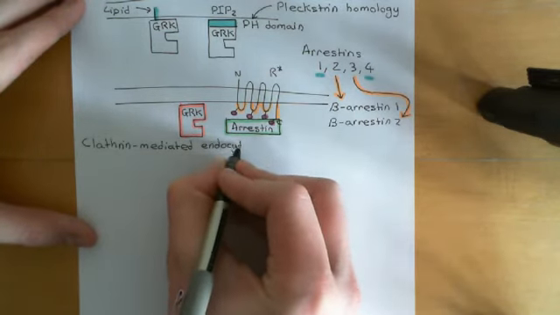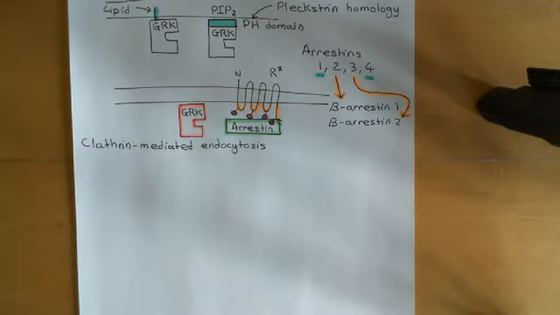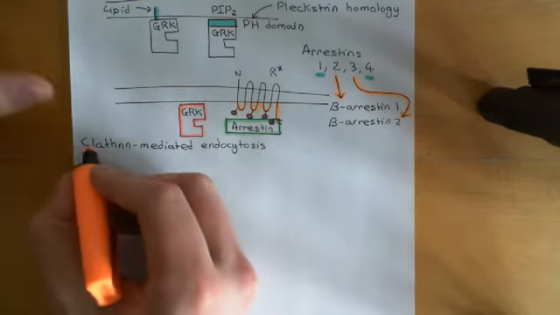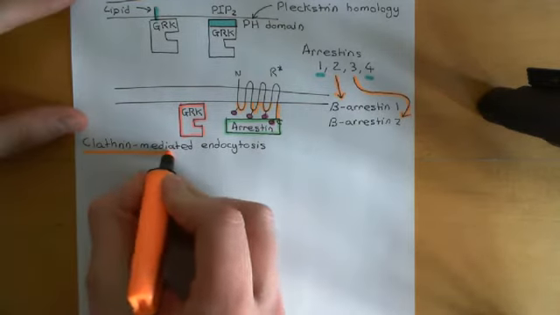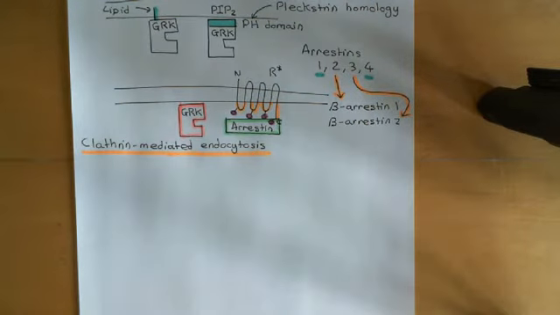It's not a process that's specific for desensitization of G protein coupled receptors. Basically, this is a way by which we can endocytose our receptor into an endocytic vesicle, which can then be taken to an endosome.